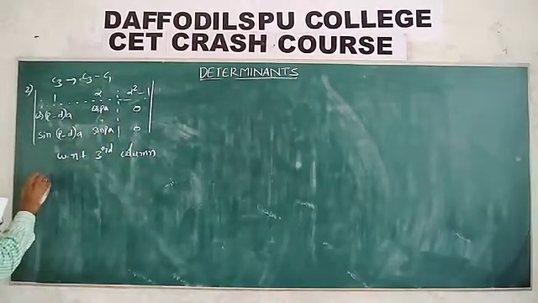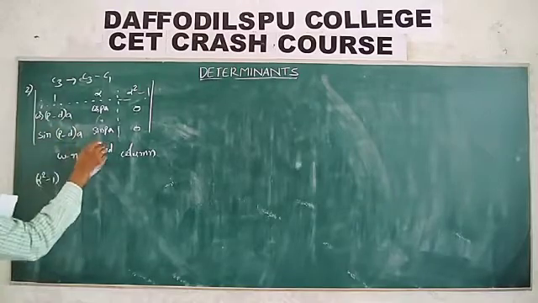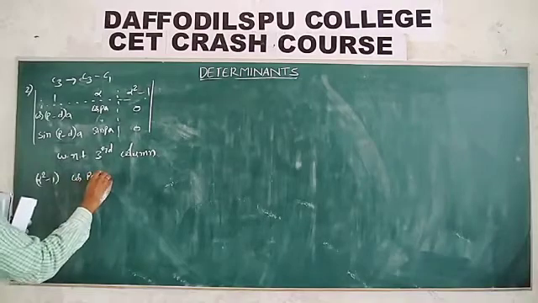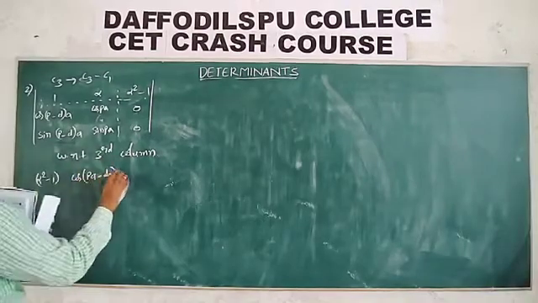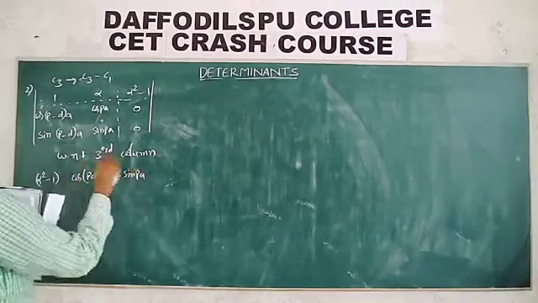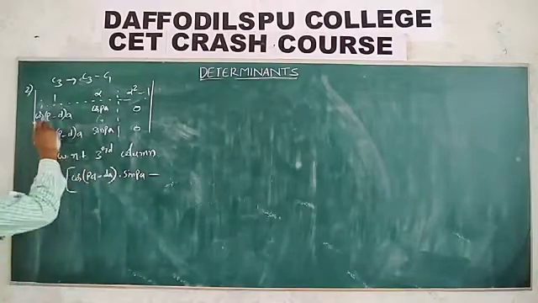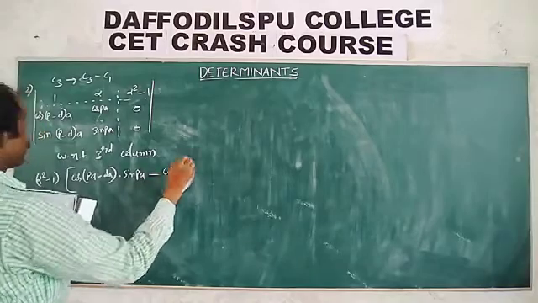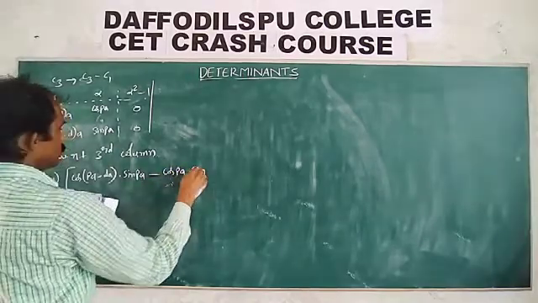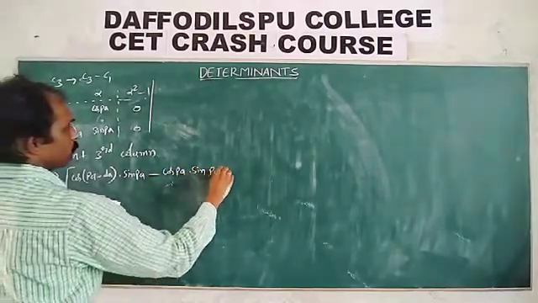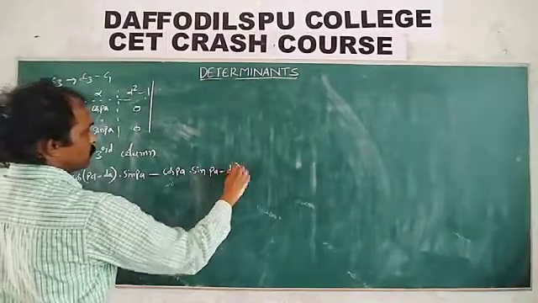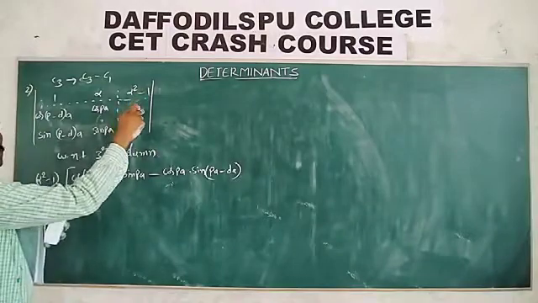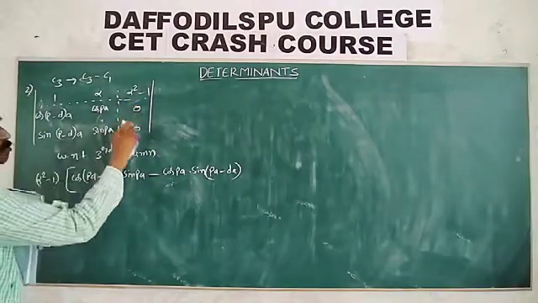That implies alpha square minus 1, this into cos PA minus DA, sin PA, minus this one, cos PA into sin of PA minus DA. Okay, remaining 0 minus 0 plus 0.